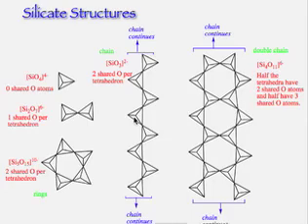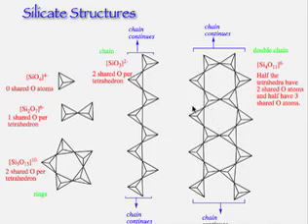Each silicon shares 2 oxygens and it has 2 unshared oxygens. We can't tell the difference from the formula between a ring and a chain. Then we have these double chains. Double chains have 2 different kinds of silica tetrahedra, these that share 3 oxygens and these that share 2 oxygens.